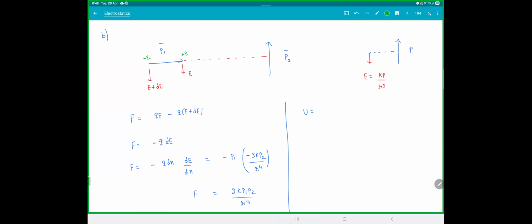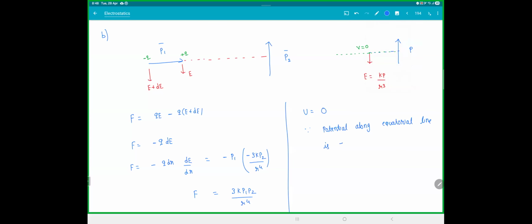On the actual line, if you see, the potential is 0 because it's an equipotential surface. This entire line is potential 0. Potential energy is 0. There's nothing to do there. Meaning you can actually separate these dipoles without giving any energy. U is 0 since the potential along the bisector, equatorial line is 0.